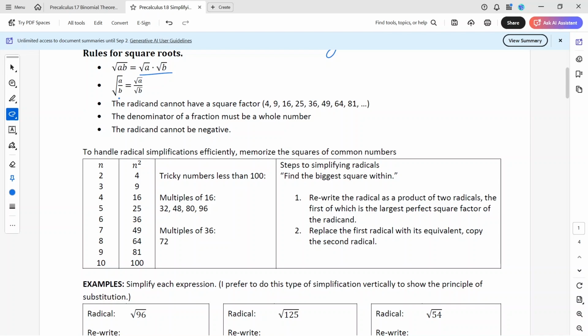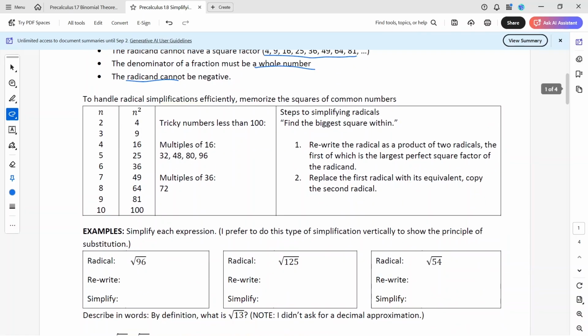Now you can't leave a perfect square number inside of a radicand, and your denominator has to be a whole number. That's just the rules of it, sorry. And you're never supposed to have a radicand that's a negative.